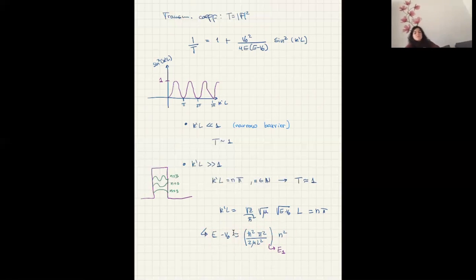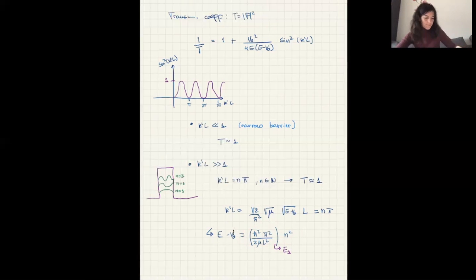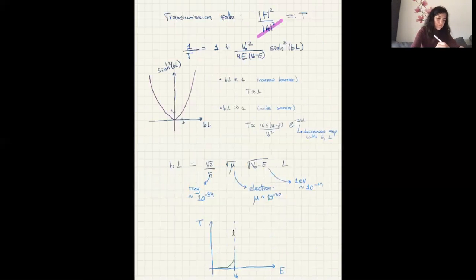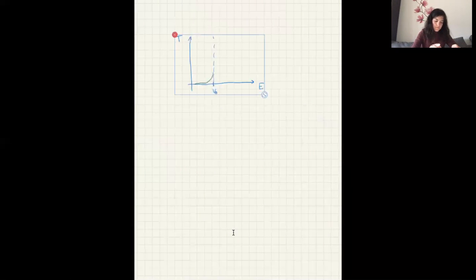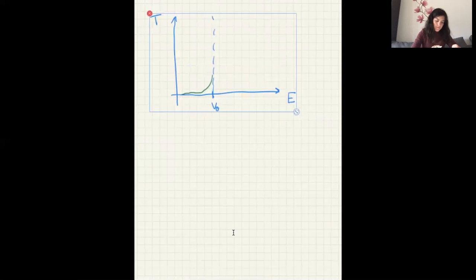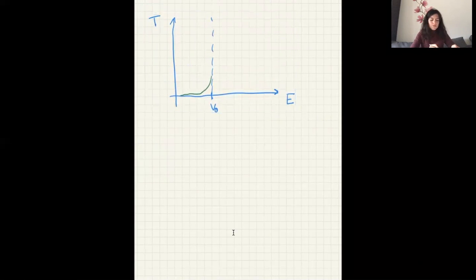So now let's try to finish this plot that we had. This was the tunneling part. And now the scattering part, let's say that the maximum of the potential is 1.